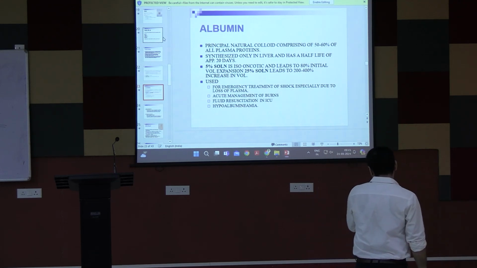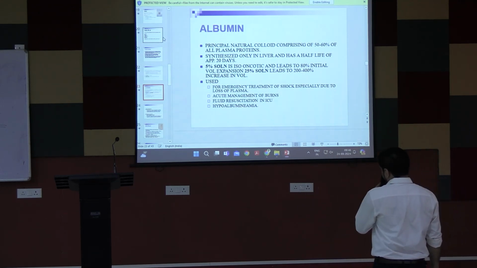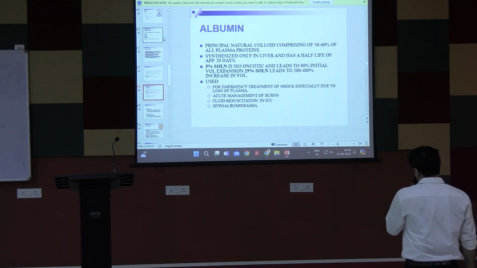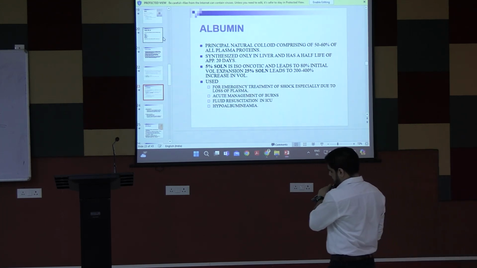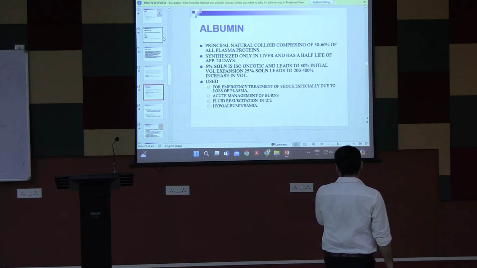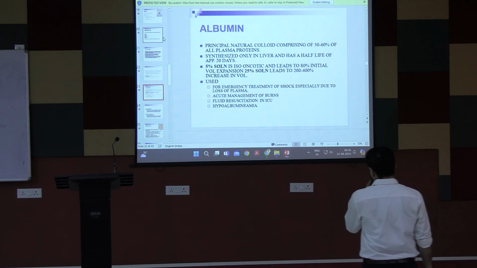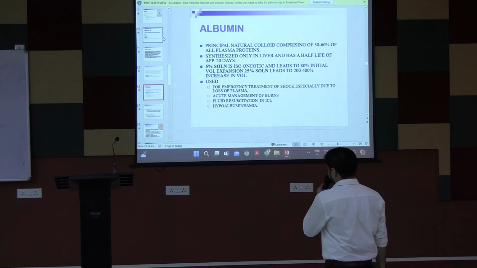Albumin: the principal natural colloid, comprising 50-60% of all plasma protein, synthesized only in the liver, with a half-life of approximately 20 days. 5% solution is also oncotic and leads to 80% initial volume expansion, and 25% solution leads to a 200 to 400% increase in volume.